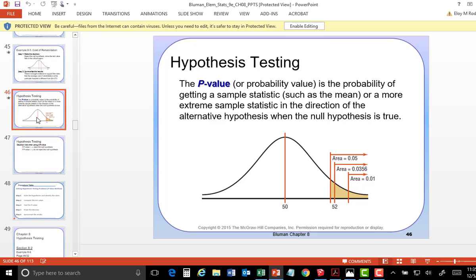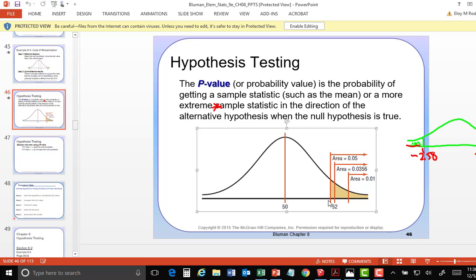The p-value is going to be the area below the test statistic. So let's suppose that we had a test statistic and it came out to be right about here, okay? If you calculate how much area from here over, this would be the critical value, right?